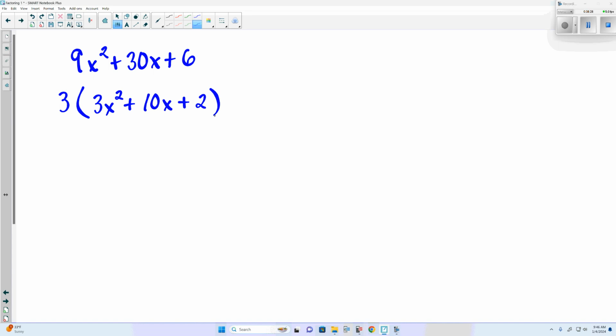And actually, this is as far as it goes, because we were really looking at the factors of 3 and 2 to try to get 10, which actually doesn't work. A way we can check to see if something is factorable is the square root of b squared minus 4ac.